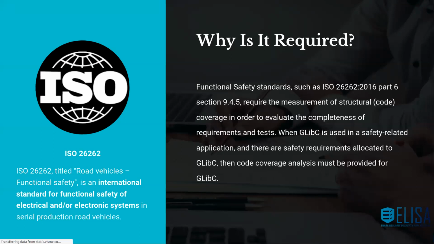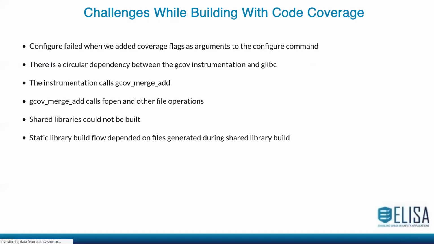So it was very strange that GCC's profiling tool works for everything, but it doesn't work on glibc itself. When we tried running -fprofile-arcs -ftest-coverage with the configure command, it failed. It failed for many reasons. We tried adding coverage flags as arguments to the configure command.